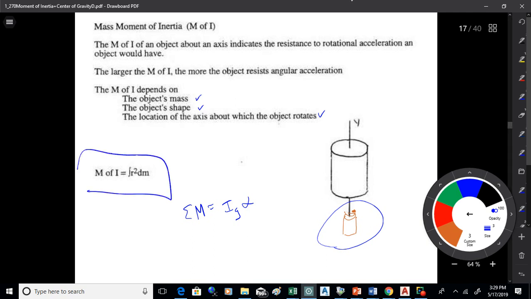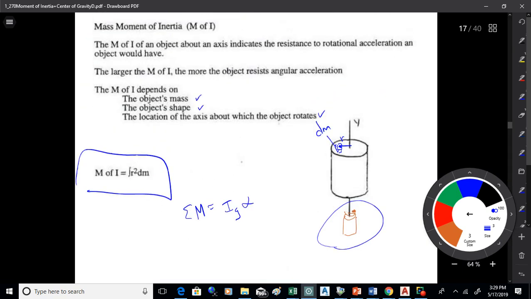The core definition of it is the integral, meaning to add up a distance, r, which you square, and then you break the object up into a bunch of little submasses, dm's, and then you look at how far you are from an axis, you square the r and multiply it by dm, okay, and then add all those up. All right, so we okay with that? That's the fundamental definition of moment of inertia.